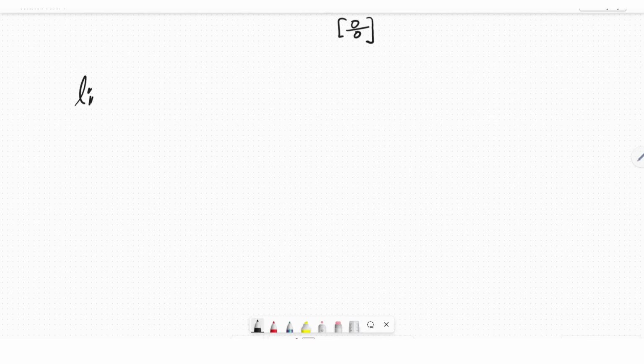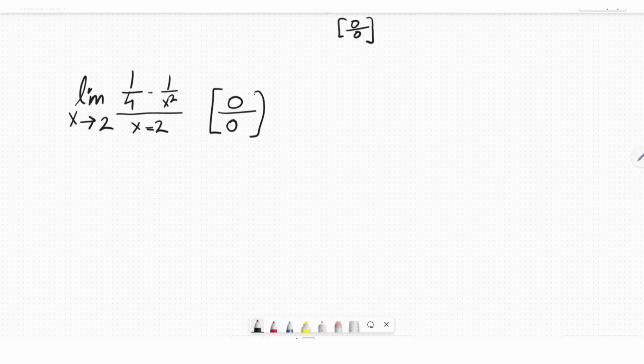Let's see another example. Limit as x goes to 2, 1 over 4 minus 1 over x squared, over x minus 2. So let's directly substitute x is equal to 2. In that case, we have obtained this indefinite form. The top is approaching 0 and bottom is approaching 0.